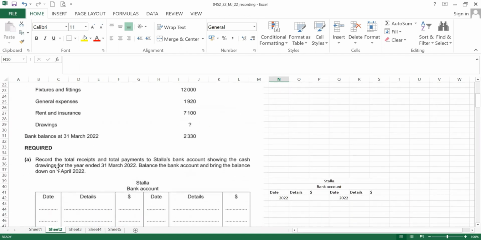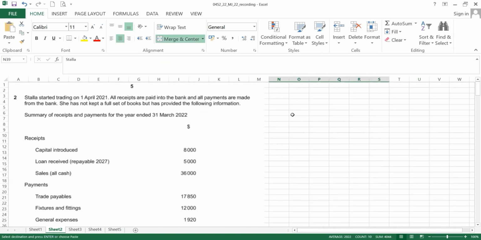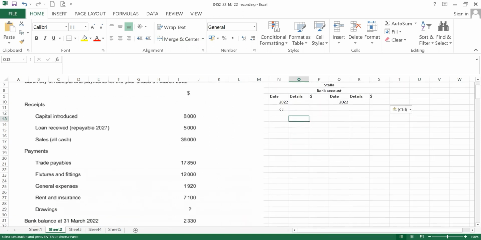Now next. Record all the total receipts and payments in the bank account, showing the cash drawing for the year, balance the bank and bring down. Let's go to the top of the question and find the information. Since it's the first year, the beginning of the year means debit side.